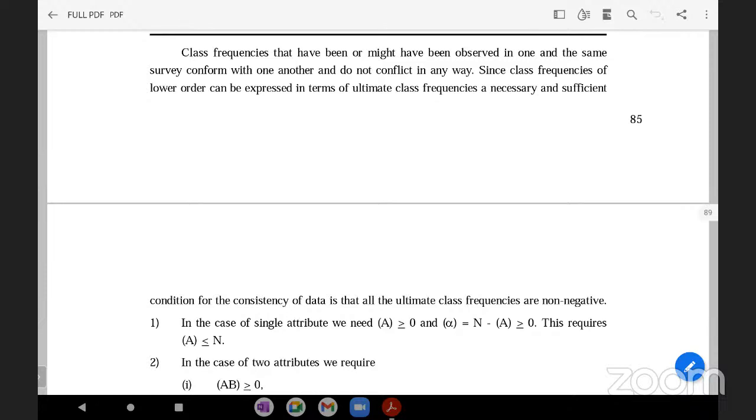So if I want consistency, the class frequencies of lower order can be expressed in terms of the ultimate class frequencies. That is the first one, the necessary condition. For sufficiency, the ultimate class frequencies must be non-negative. That is the definition of consistency.